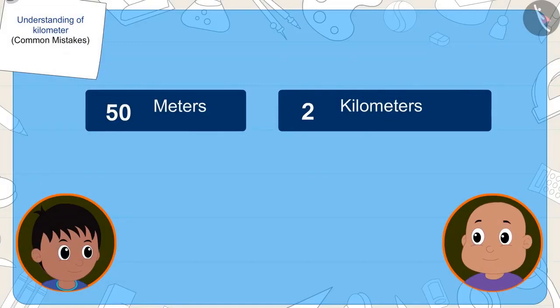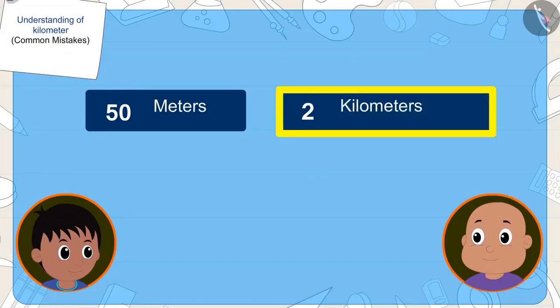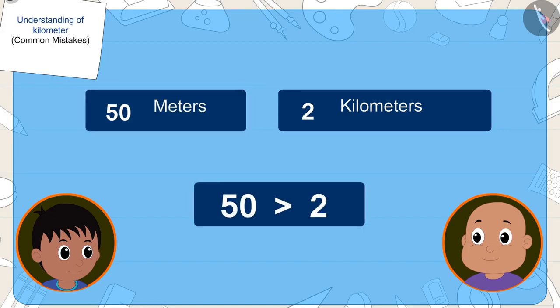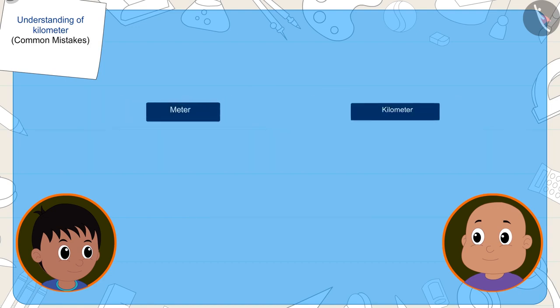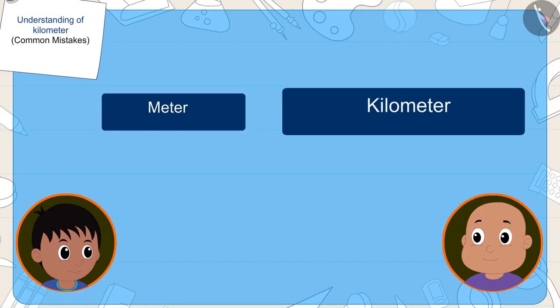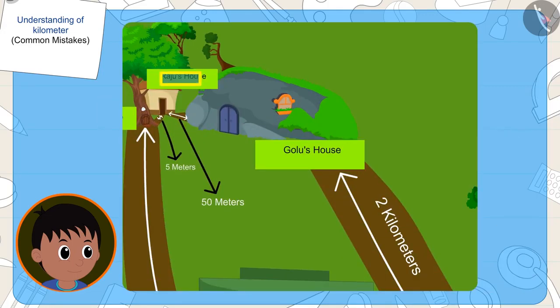His house is 2 kilometers from Golu's house, and Raju's house is 50 meters from Golu's house. Even though 2 is less than 50, because the meter is smaller than kilometer, Raju's house is closer to Golu's house.